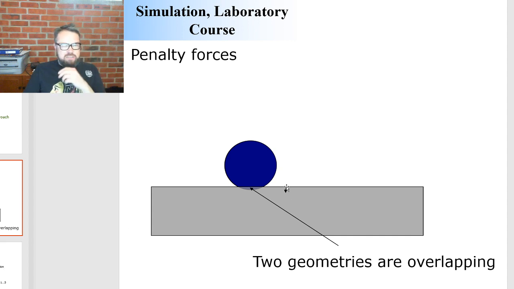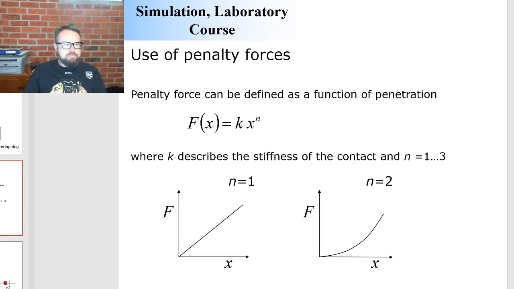Here, x measures how far this ball is penetrating into this rectangular body. Let's say the rectangular body is a ground body, and the ball is coming from the top of it. How far it can penetrate into this ground body is measured by a factor called the penetration depth.